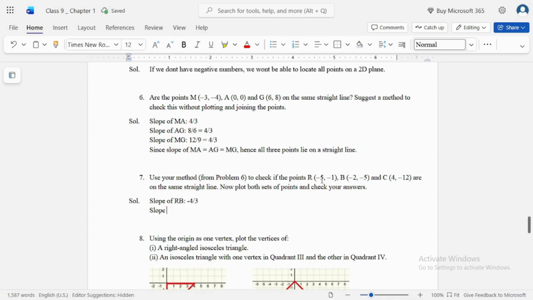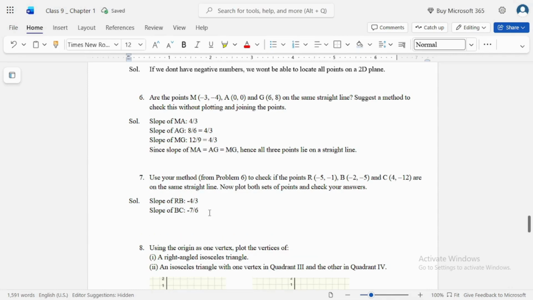Now let's find slope of BC. Slope of BC will be minus 12 plus 5, which is minus 7, divided by 4 minus minus 2, which is 6, so minus 7 by 6. Here we can stop because slope of RB is not equal to slope of BC, right?